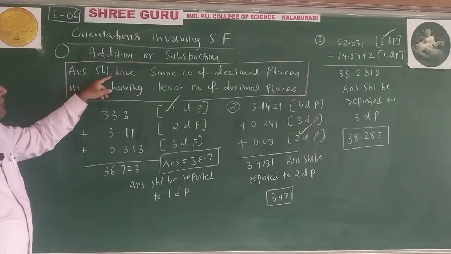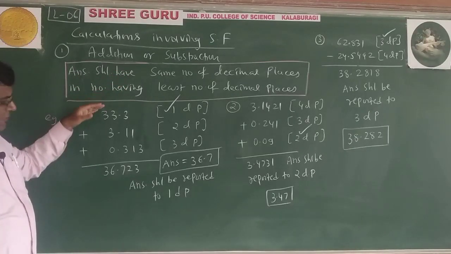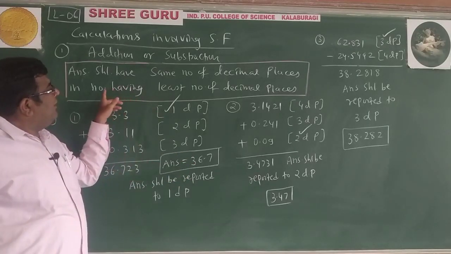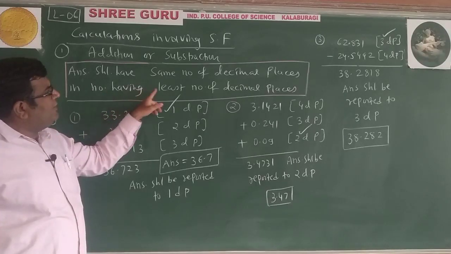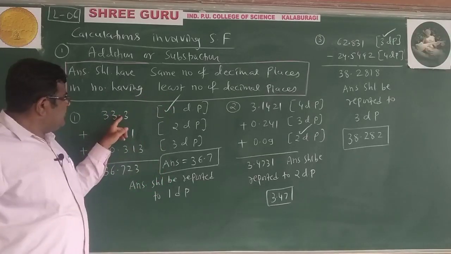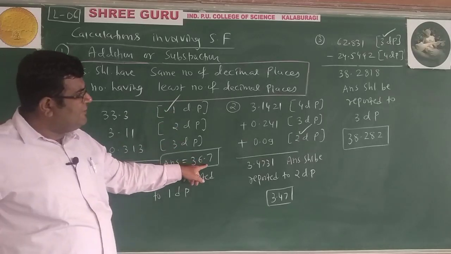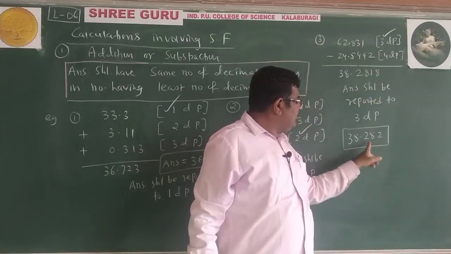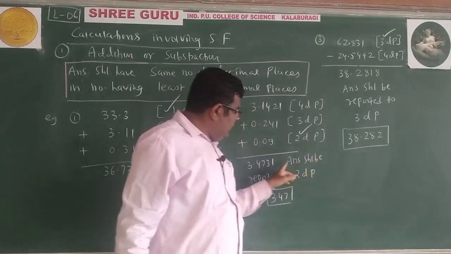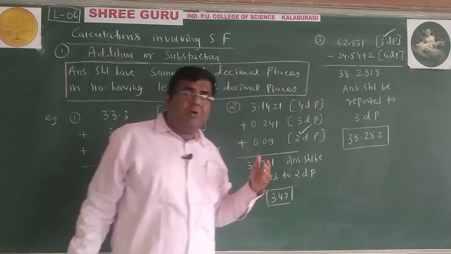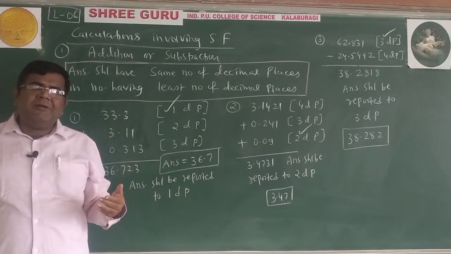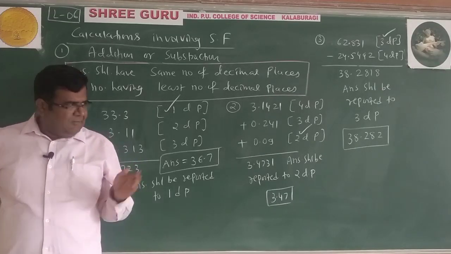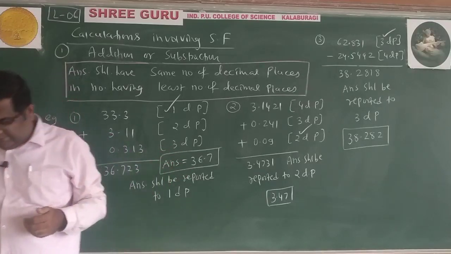When you report the final answer, it should have the same number of decimal places as the number having the least number of decimal places. So here 1 decimal place, 2 decimal places, 3 decimal places. And what is to be done to the other digits? They are to be dropped, according to the rule of rounding off numbers, as is clear from these examples.